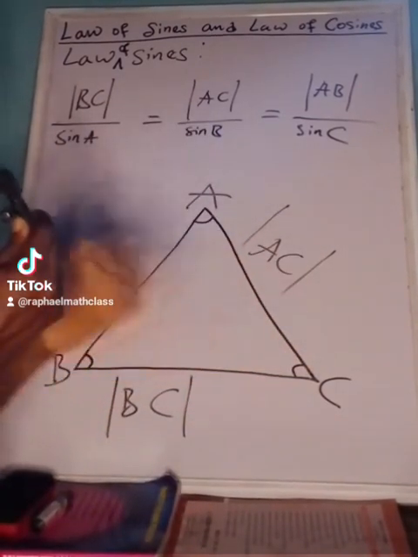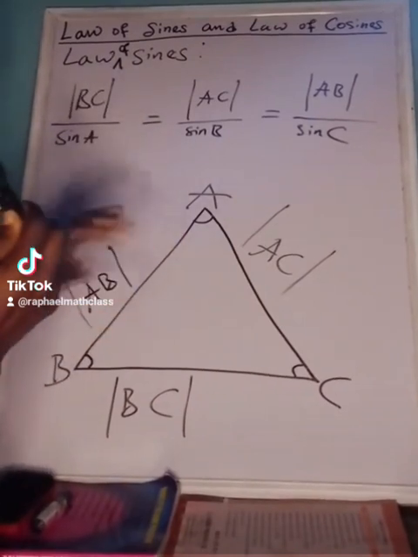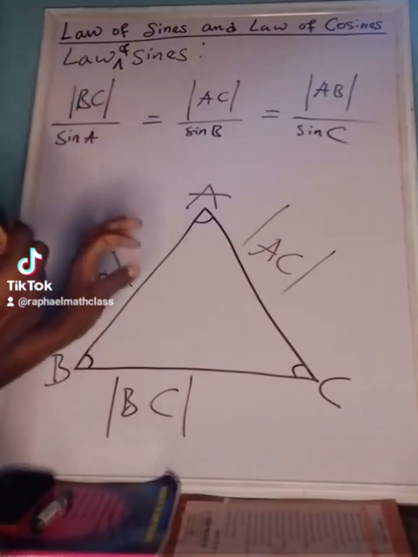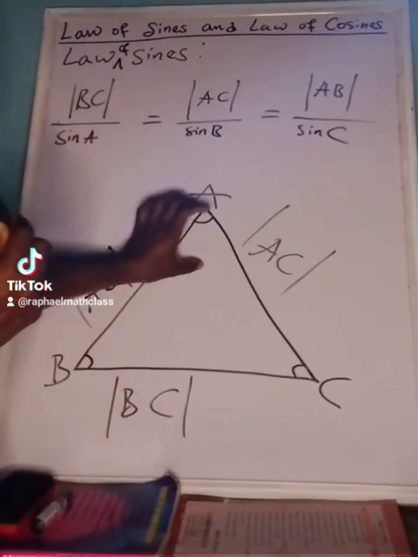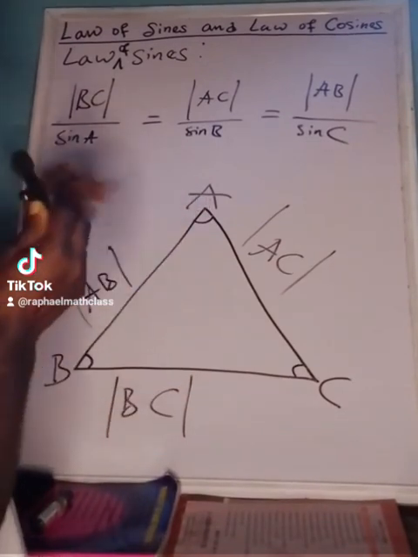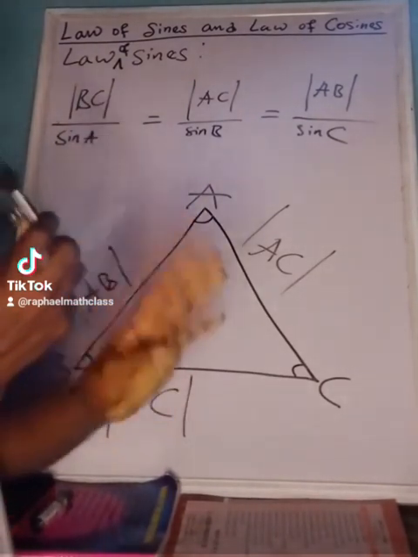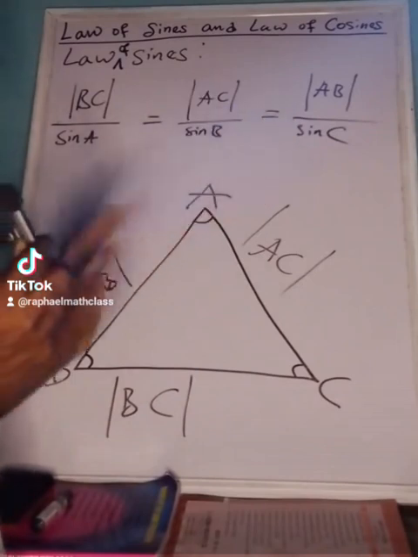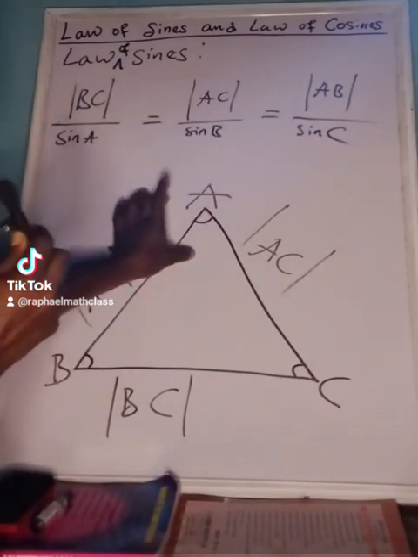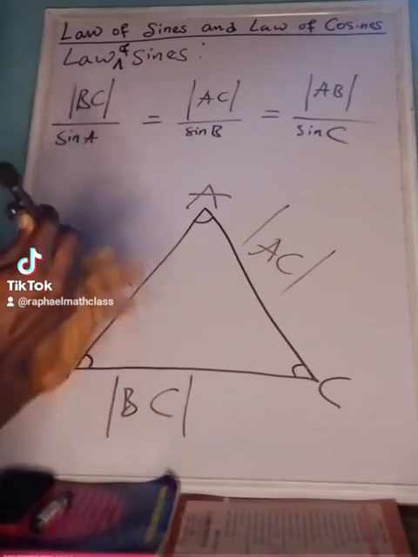Or let me tell you today, before you can apply sines law, your triangle must have an angle that has a side facing it. At least one angle must be known and the side opposite it must be known before you can apply the law of sines. If there is no angle known with the side opposite it also known, you cannot apply the law of sines. You have to use cosines law.